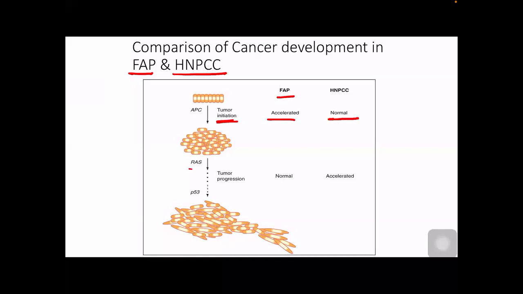Finally, once there is a P53 gene mutation, the adenoma becomes a carcinoma. So in FAP, tumor progression is normal, whereas in HNPCC, tumor progression is accelerated. So there is a difference between tumor initiation and tumor progression between FAP and HNPCC, the point to be noted. Fine.